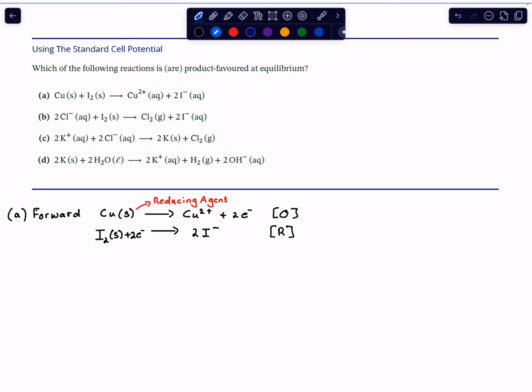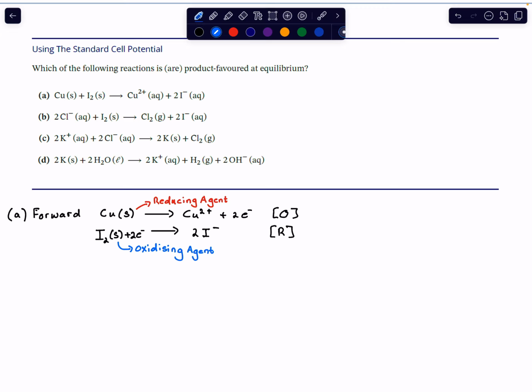And because iodine solid is undergoing reduction, it makes it our oxidizing agent in the forward direction. So that is what we need to consider for the forward case.